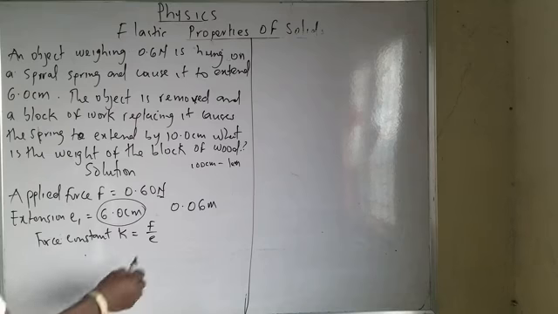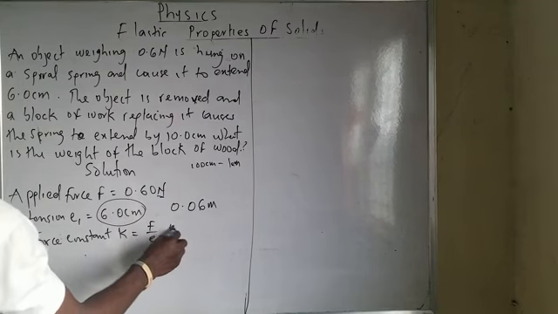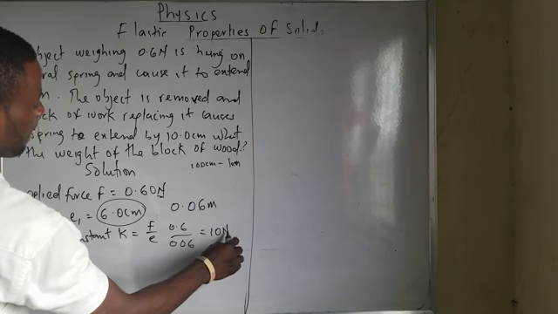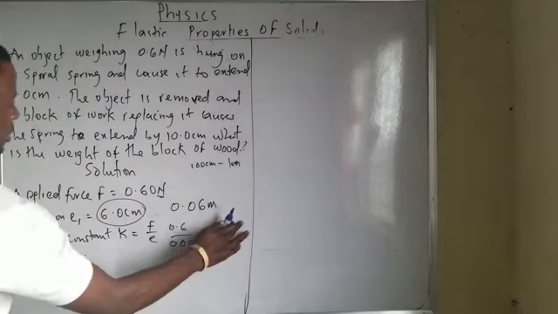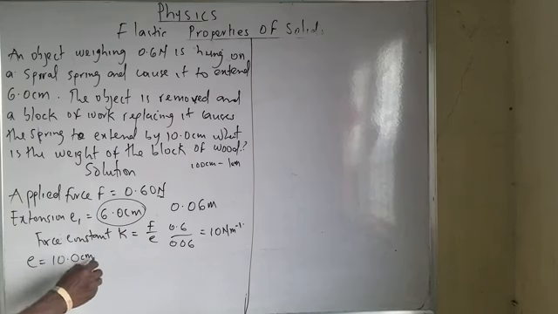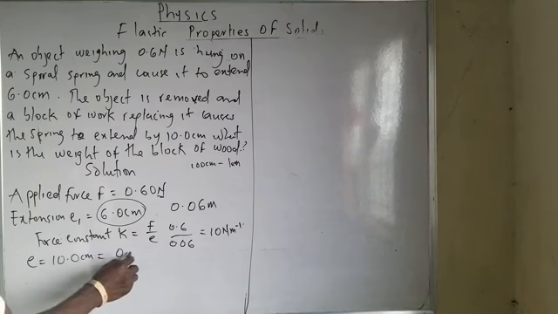It implies 0.6 divided by 0.06, which I will have as 10 Newton per meter. Now my E equals 10.0 centimeter, which is 0.1 meter.